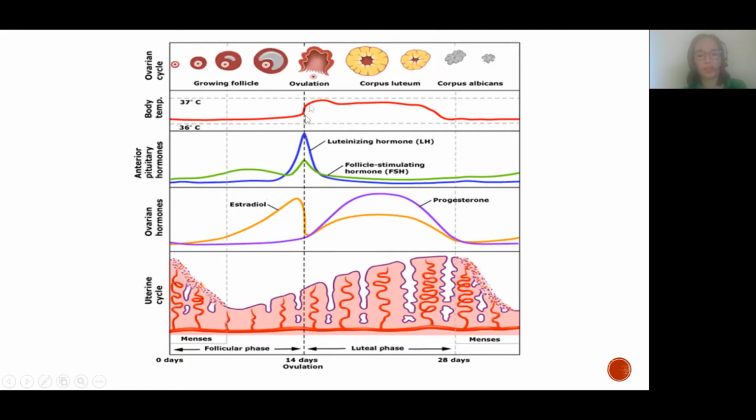Okay, so if you happen to check the luteinizing hormone and the follicle stimulating hormone, they are usually constant before and after ovulation. And you'll see that in the ovulation day, and that falls on the 14th in the 28-day cycle, you see that the two hormones are at its peak.